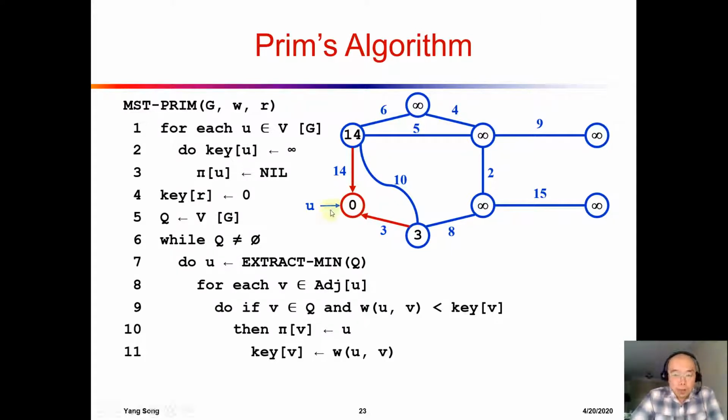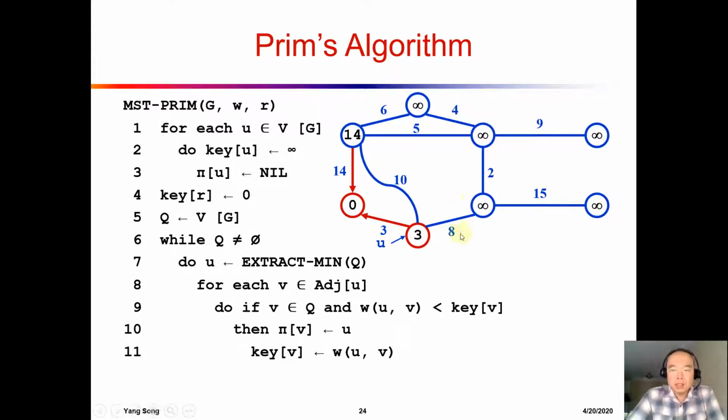We are going to move U to 3 by doing the extract min. After that, we want to do the same thing. We want to find the neighbors of U, and check whether they can be connected to the MST, or if they are already connected to the MST, we want to update the cost if that's possible.